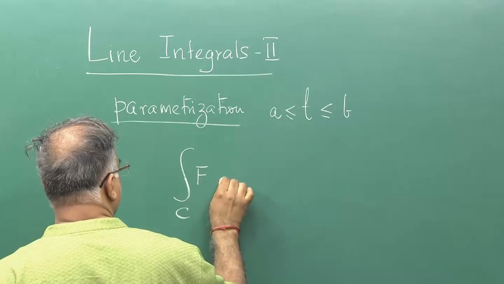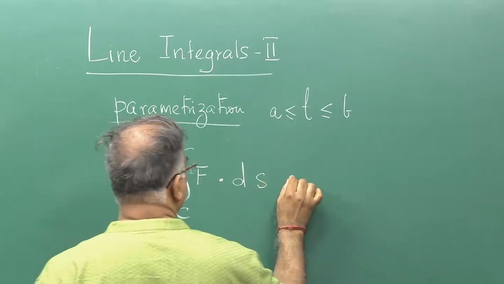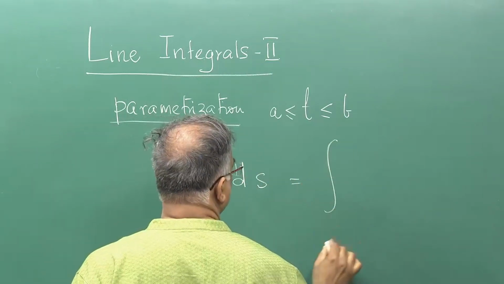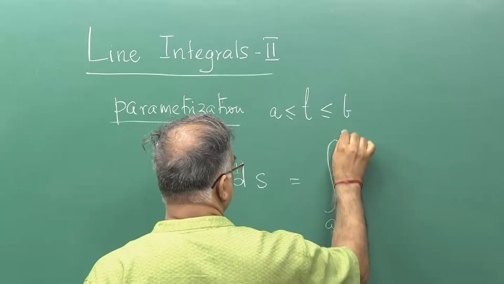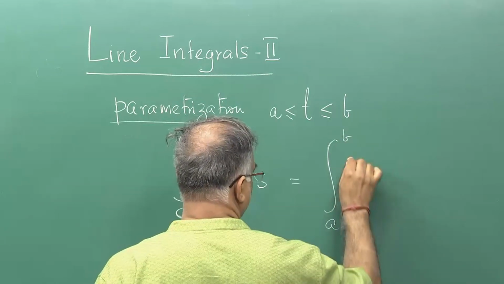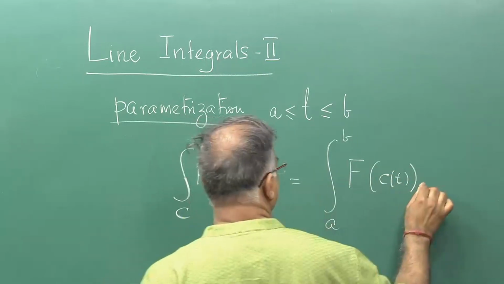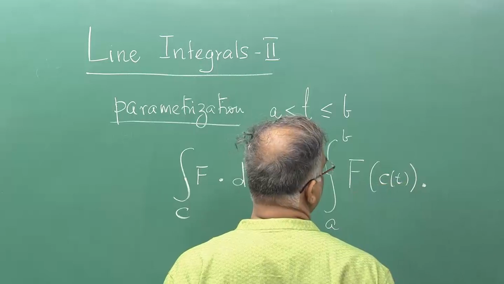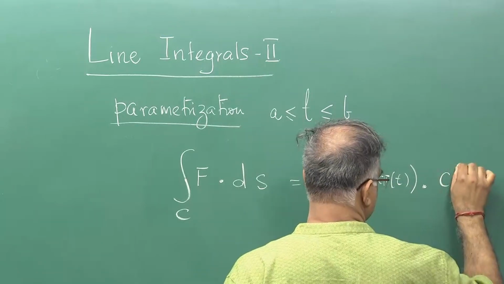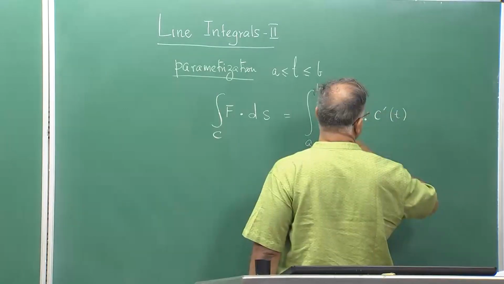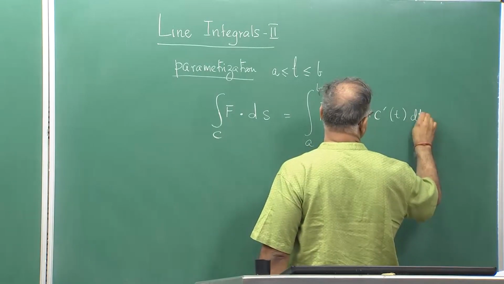If you know the way I have defined the line integral, the line integral for a vector field f has been defined through the parametrization as the integral from a to b of f of c(t) dot c dash (t) dt.